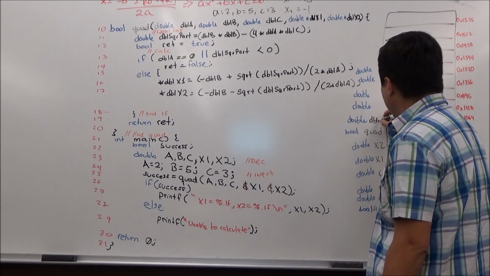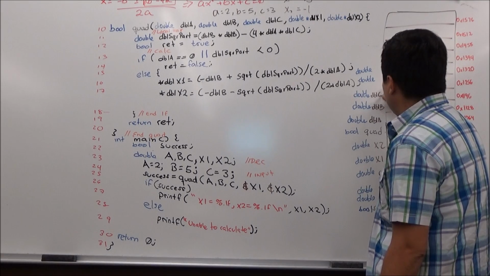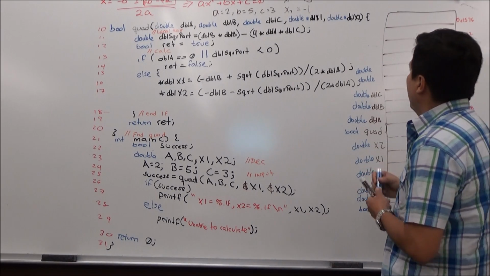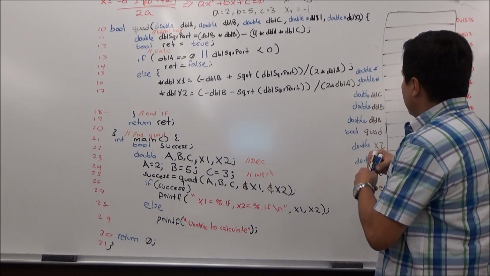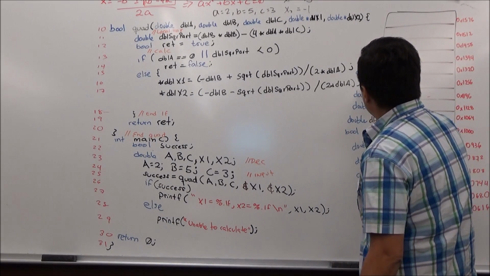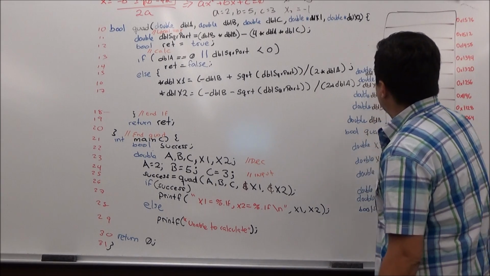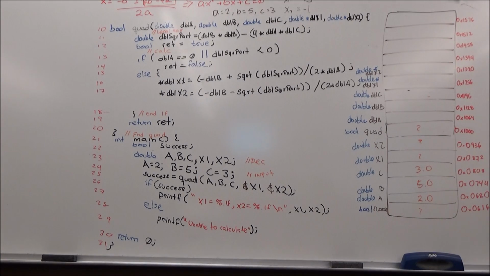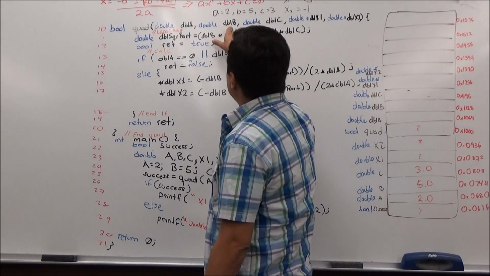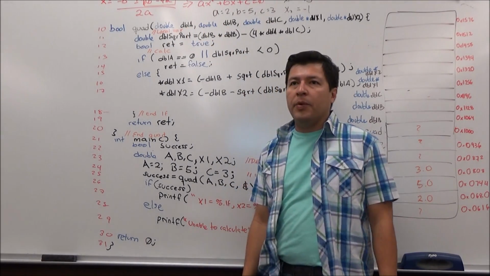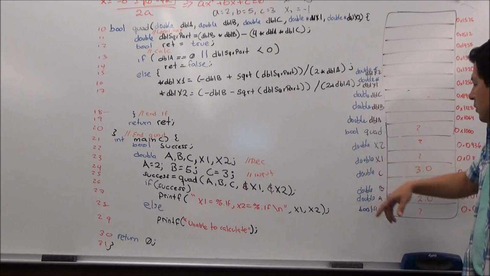I call this one DBL-A, DBL-B, DBL-C, but these ones are pointers, so I'm going to put a star here. And I don't fit here, but I'm going to put double X1, double X2. Those are the parameters that that function takes. And then these ones are just regular primitive types.